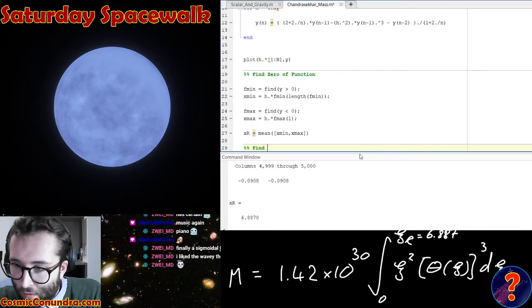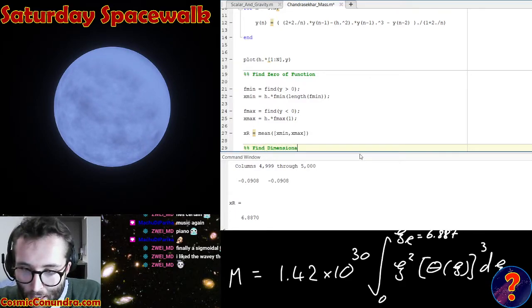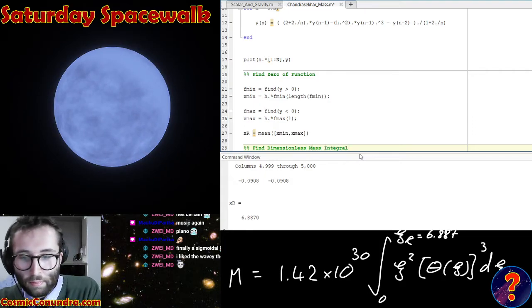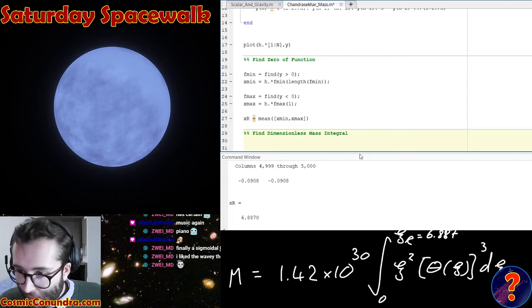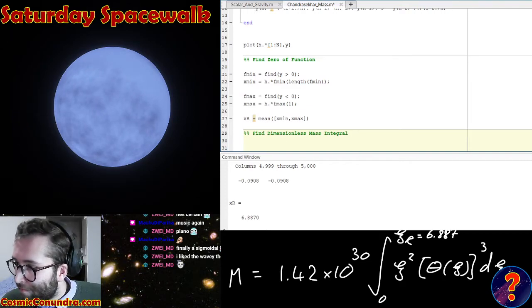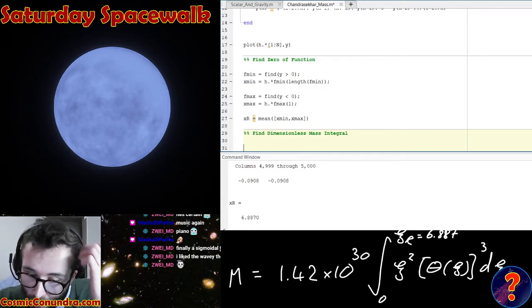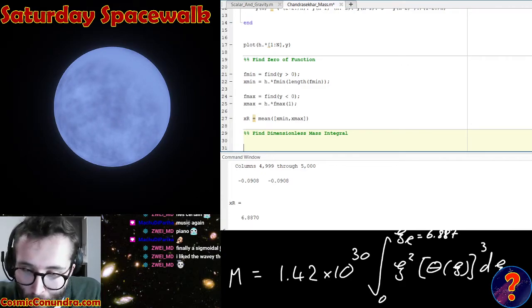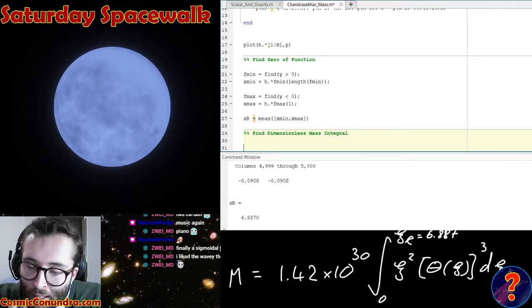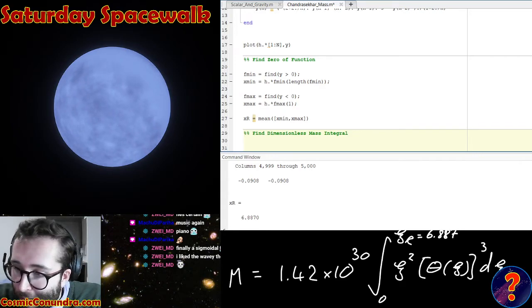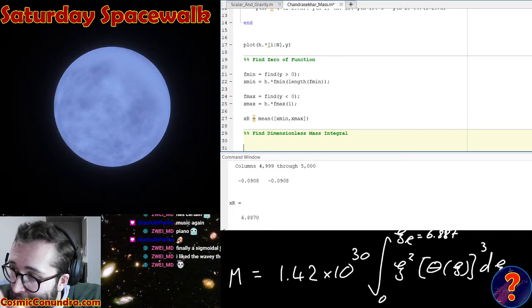So now I'm trying to find this dimensionless mass integral. I'm going to define my x-axis. Remember, at the moment I've defined x as being integer multiples, from 1 up to capital N, of the grid spacing h on this discretized x-axis.